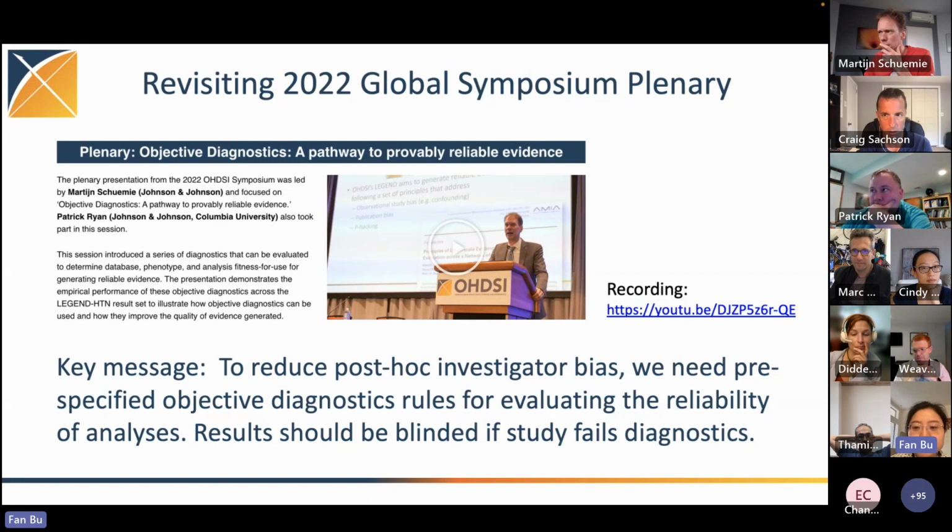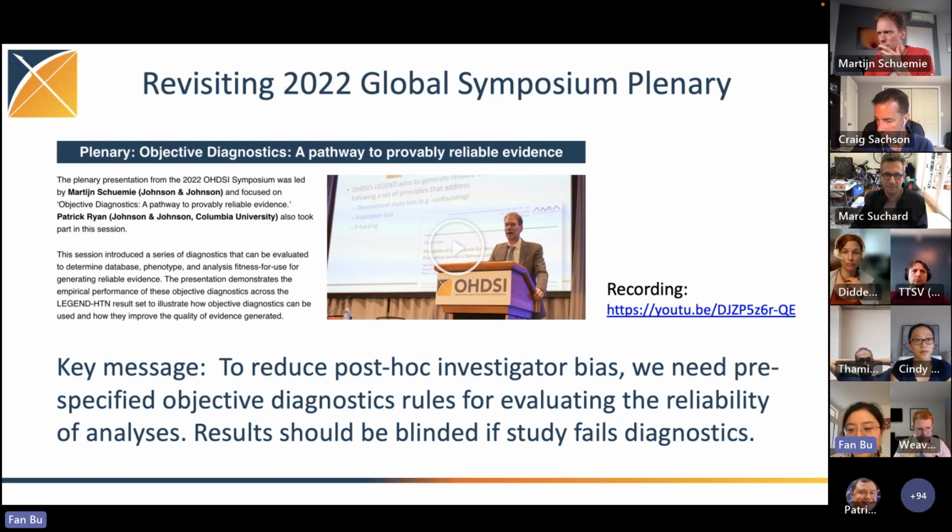And to do that, we need to use a set of pre-specified diagnostics rules to evaluate the reliability of our analyses. And we should not be checking out analysis results until we know that our study has passed the diagnostics.